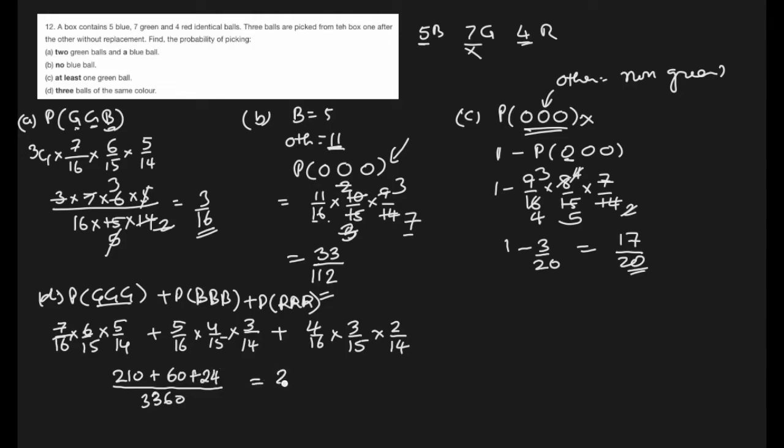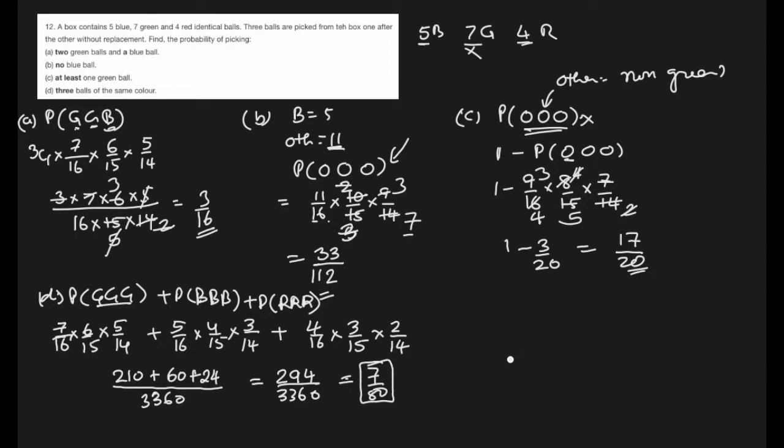That comes out to be 294 over 3360. So 294 divided by 3360. 7 out of 80. This is the answer of D part.